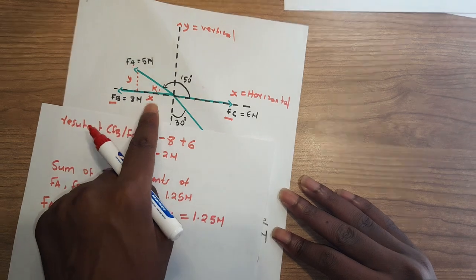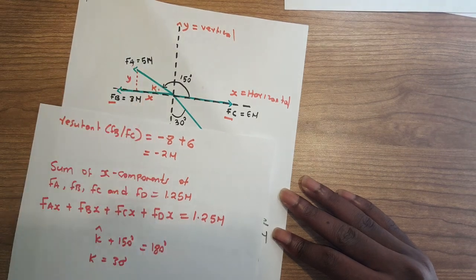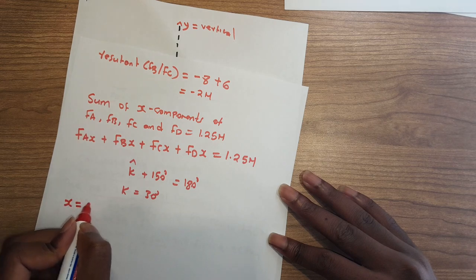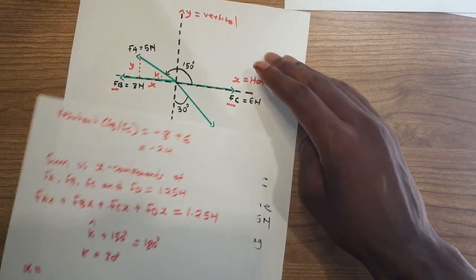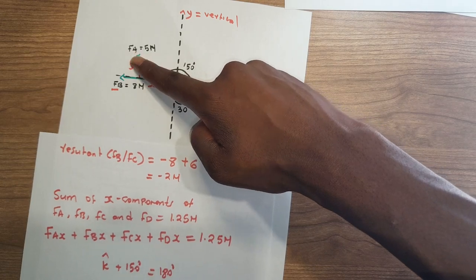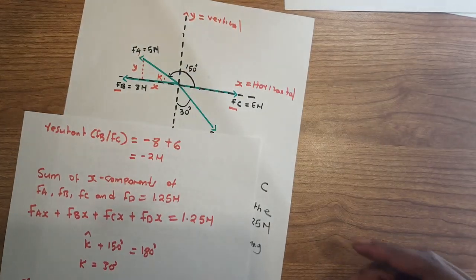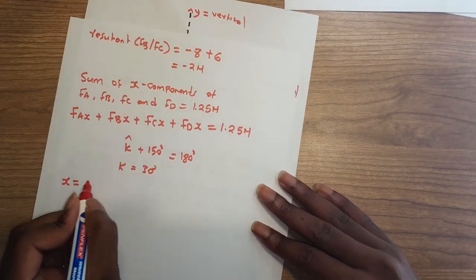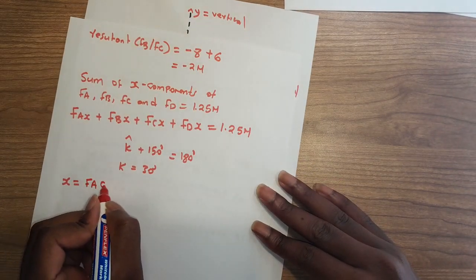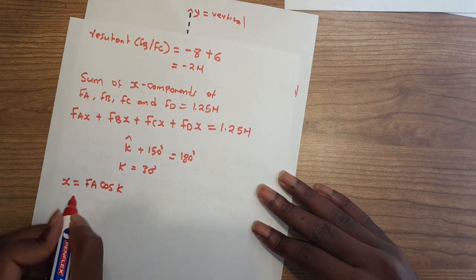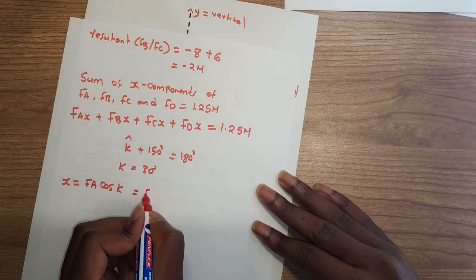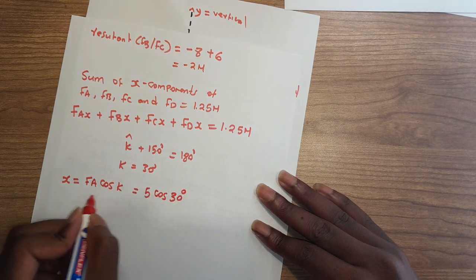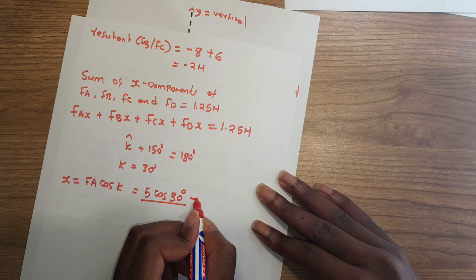So the x component of FA is going to be FA cos K. On the other questions we did, we were having R. So FA is 5, the cos of K, which is 30 degrees.